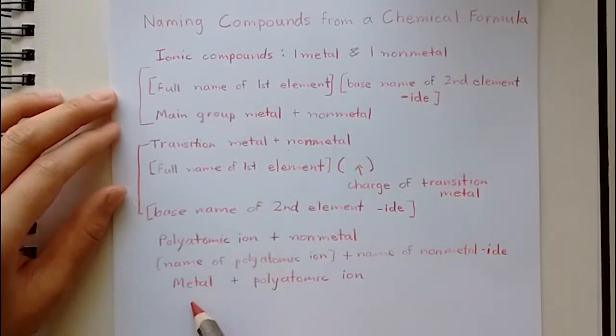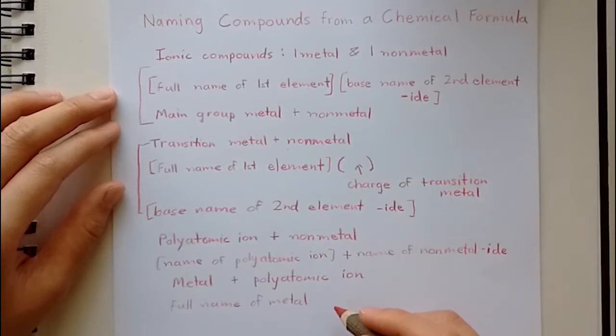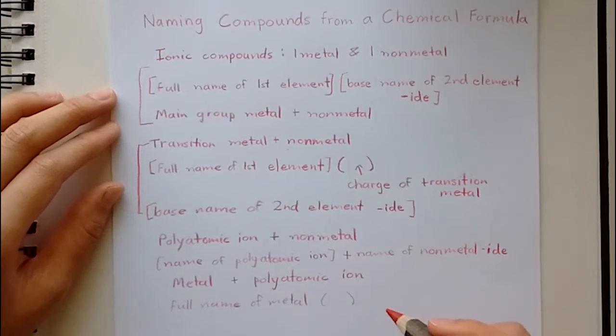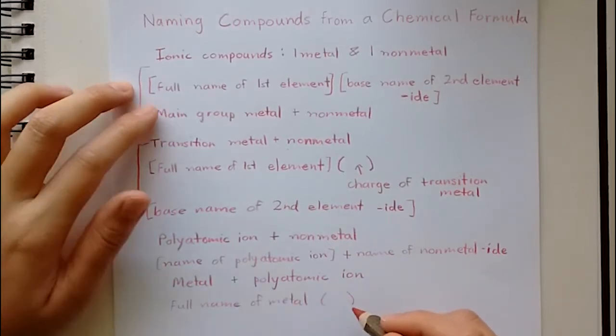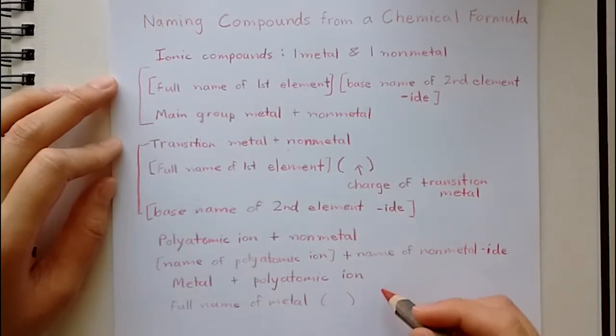Okay, so if it's a transition metal, you would write the full name of the metal, and then you'll write the charge in Roman numerals. If it's a main group metal, you obviously will not put the Roman numerals here.